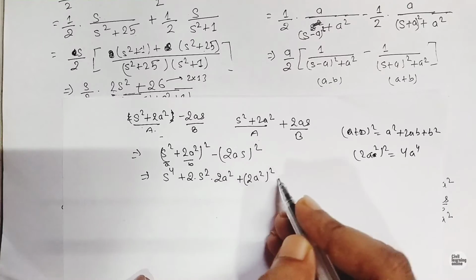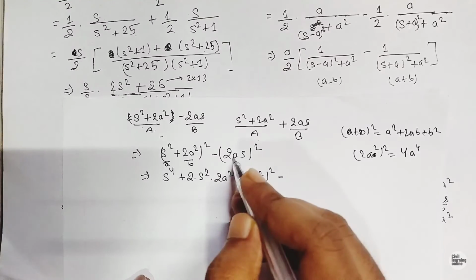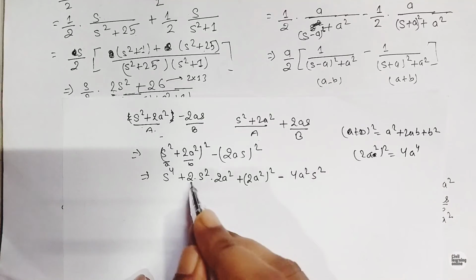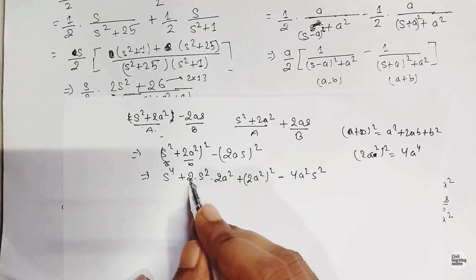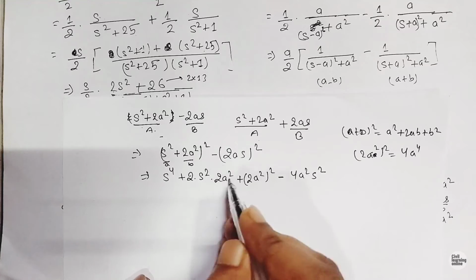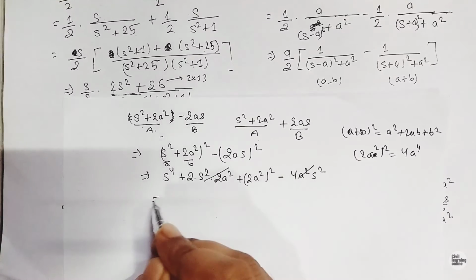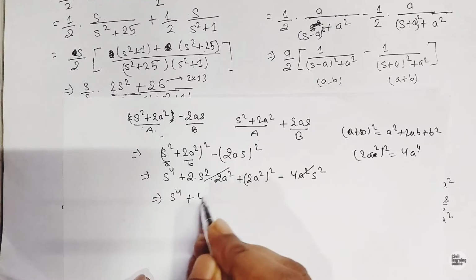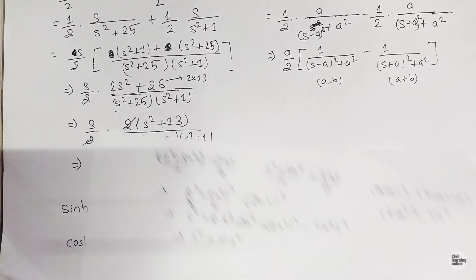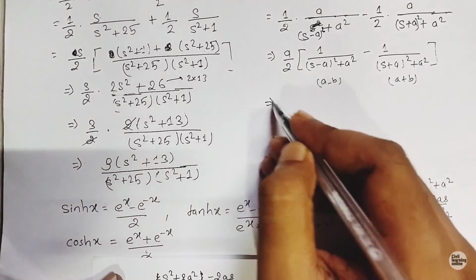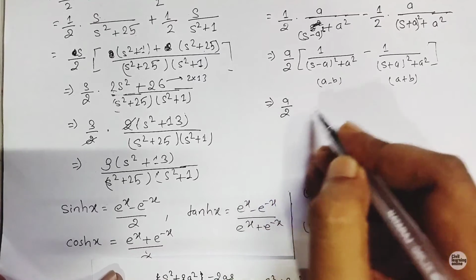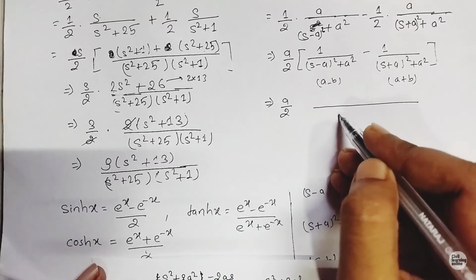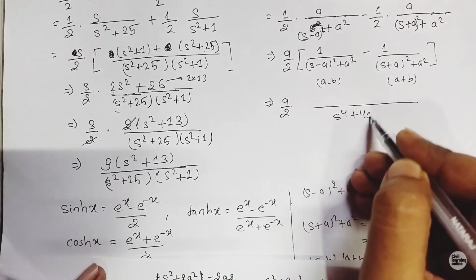So I will do that in the next step. And (2as) square means 4a square s square, and from here you can see that 2 times 2, 4a square s square, gets cancelled out. So we will have here s to the power 4 plus 4a to the power 4. So from here we are going to have a upon 2, and these two get converted into the form s to the power 4 plus 4a to the power 4.